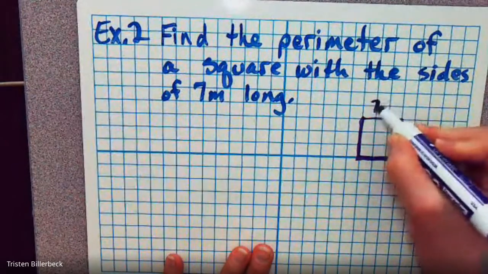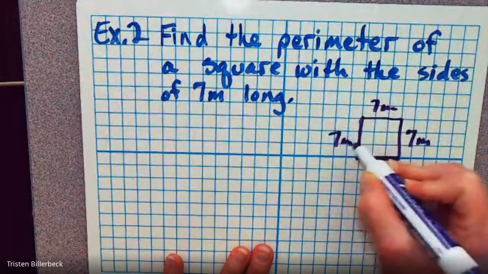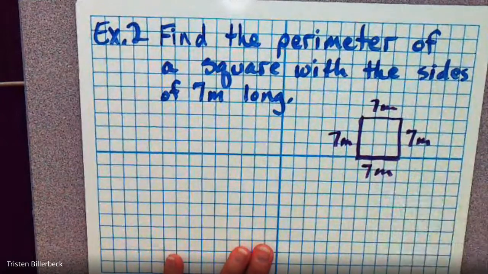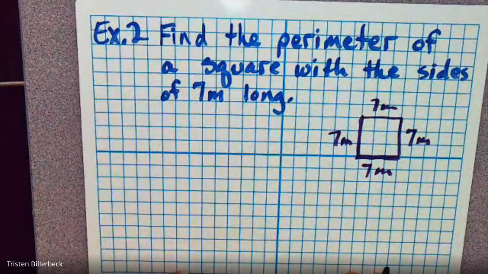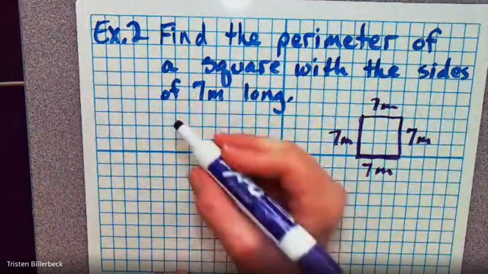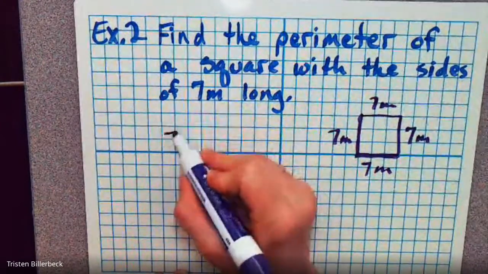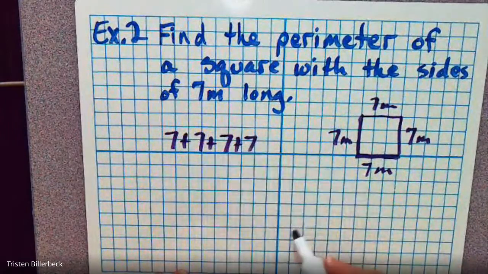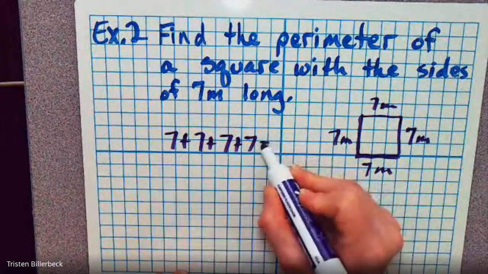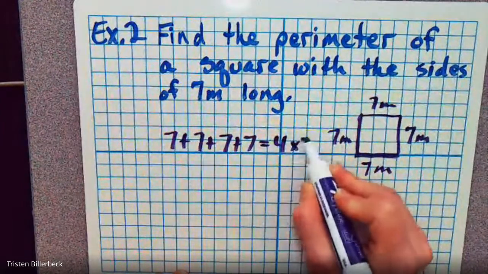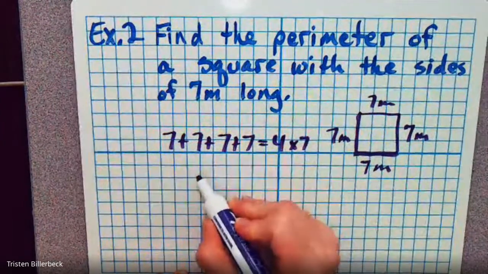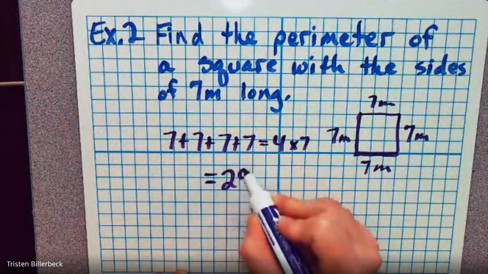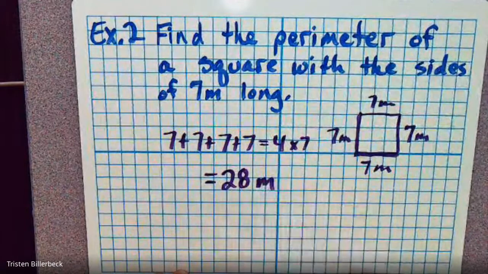We have 7 meters, 7 meters, 7 meters, and 7 meters, because all the sides of a square are the same. So we could either write 7 plus 7 plus 7 plus 7, or we could write 4 times 7. In any case, the perimeter equals 28 meters.